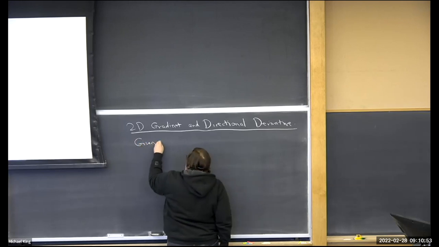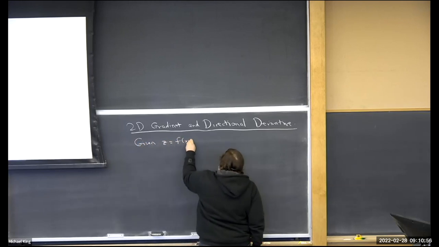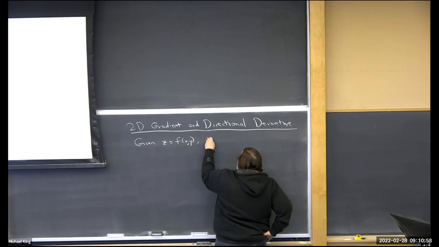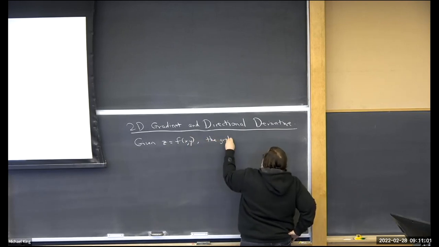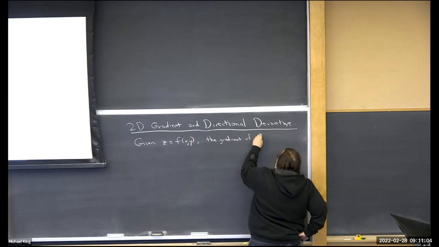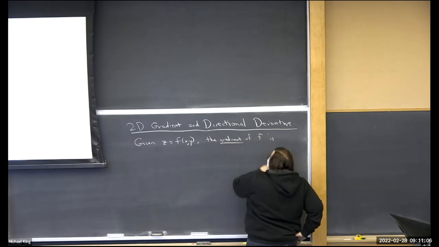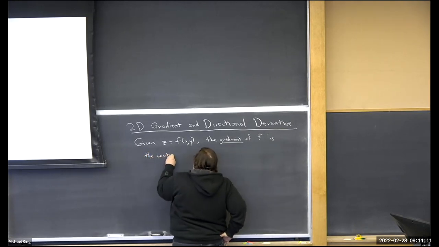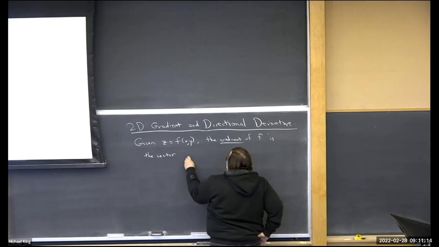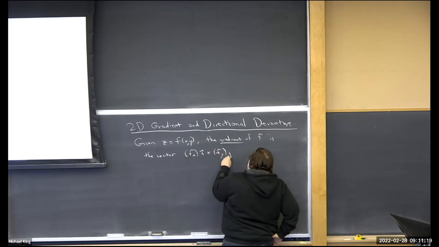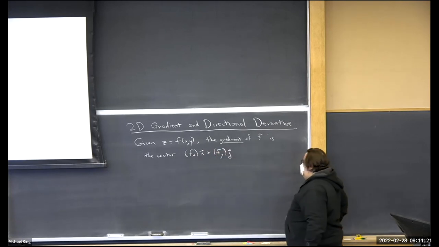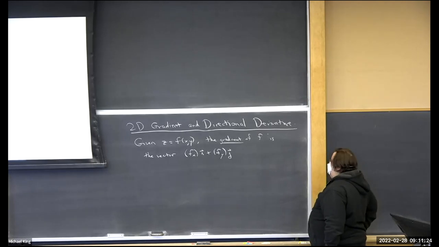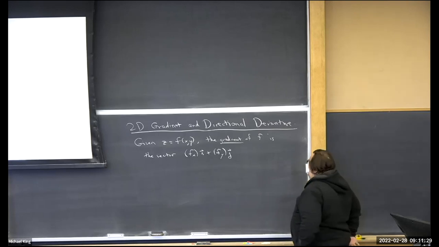So given z equals f of x comma y, the gradient of f is the vector partial x times i plus partial y times j, which makes sense because we've got two partials, and when we have two numbers, we can package them together into a vector.